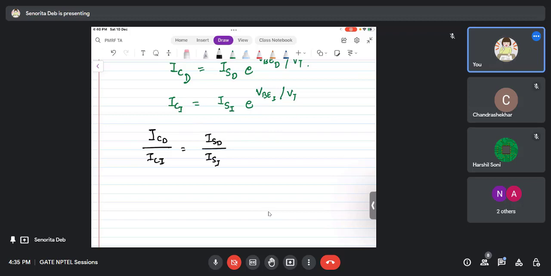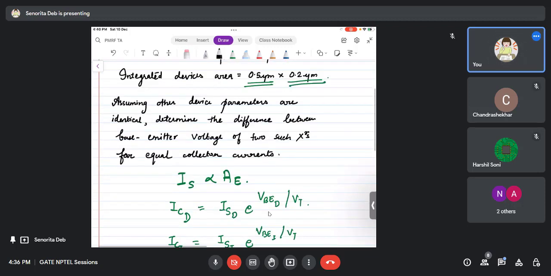What am I asked? The difference between the base emitter voltages, VBED minus VBEI. The condition given is that they should have equal collector currents.